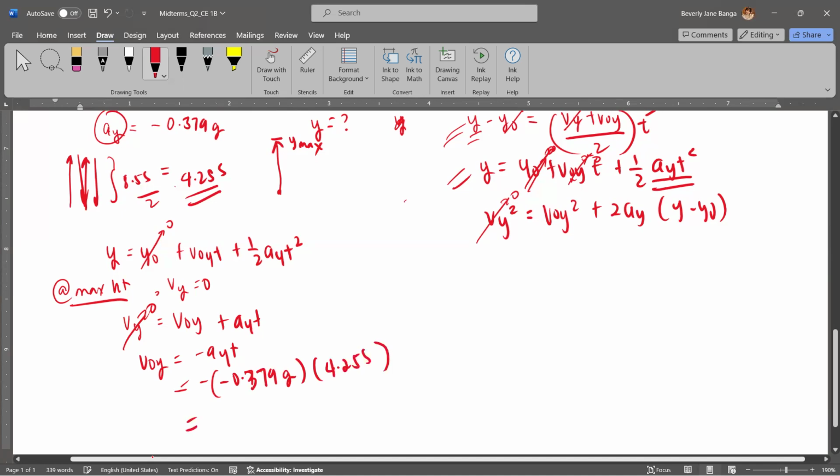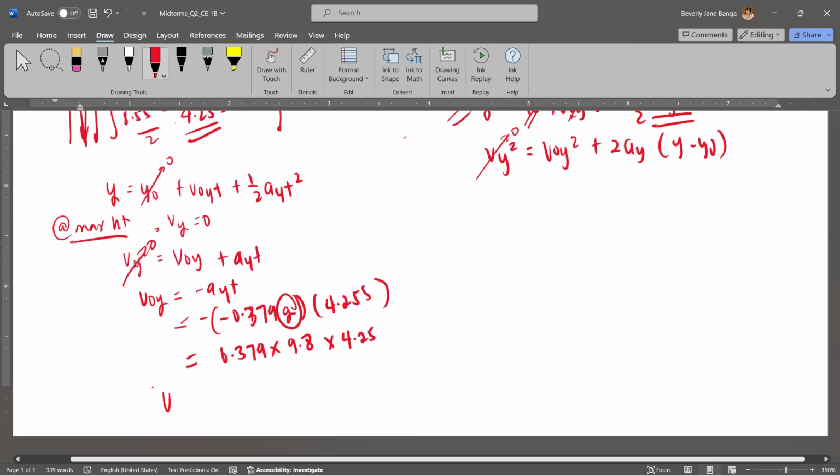So, this will give me 0.379 times 9.8 because again, g is a positive counterpart, times 4.25. So, ang makukuha kong voy is simply 15.785 meter per second. Okay, so hindi ko naman to hinahanap. So, hindi ko na siya i-scientific notation.